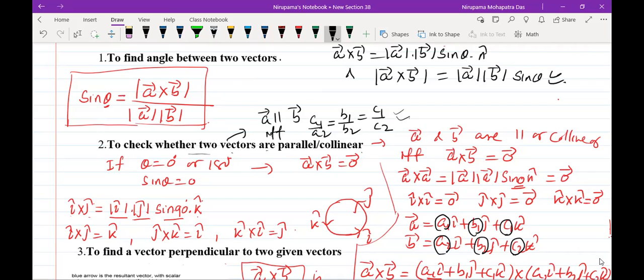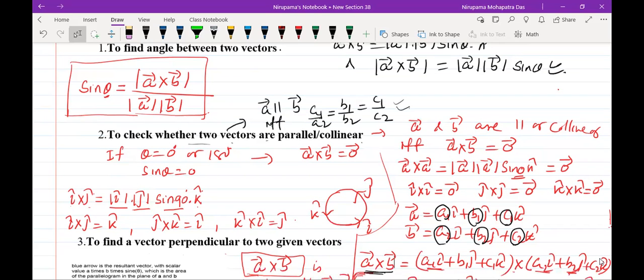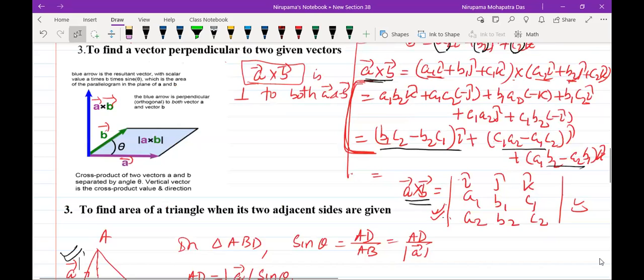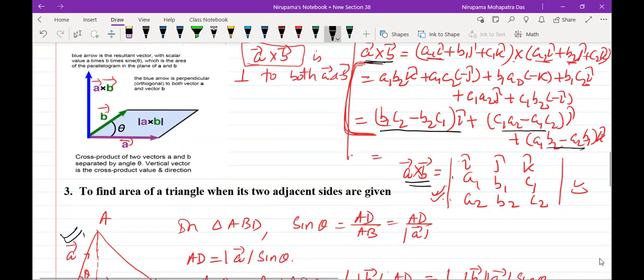Just to cross check, whenever you have the determinant, if any 2 rows are proportional or identical, you can get A cross B equal to 0 vector, right? So we have studied most of the properties and most of the applications.